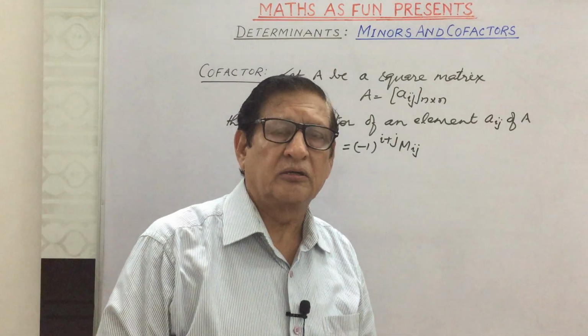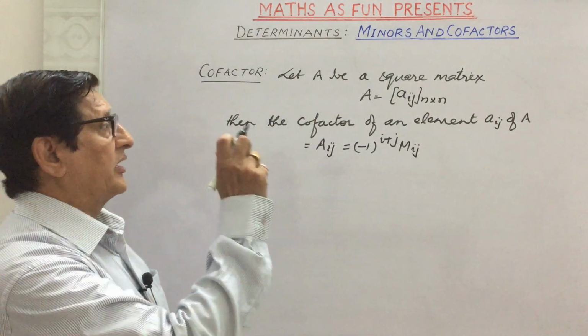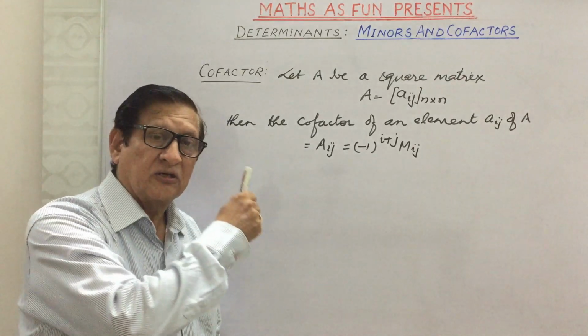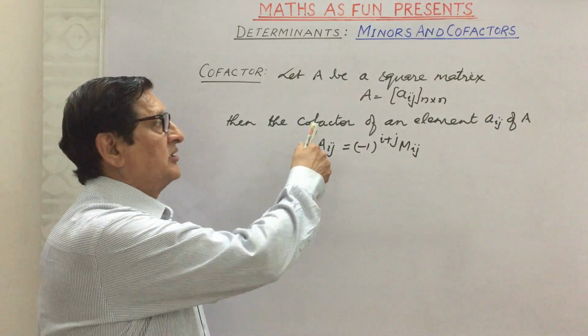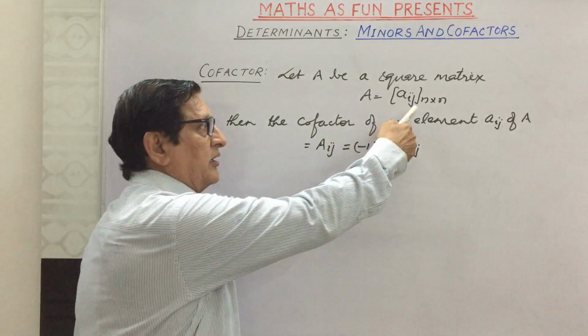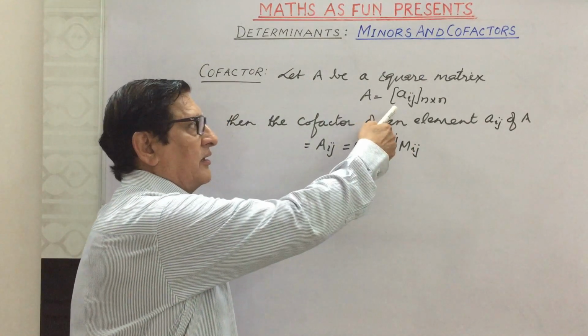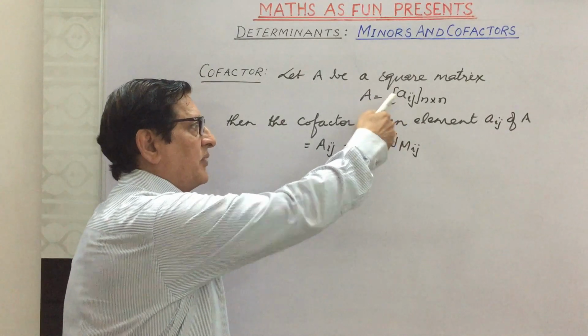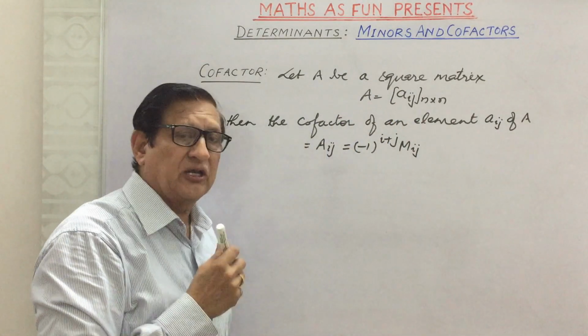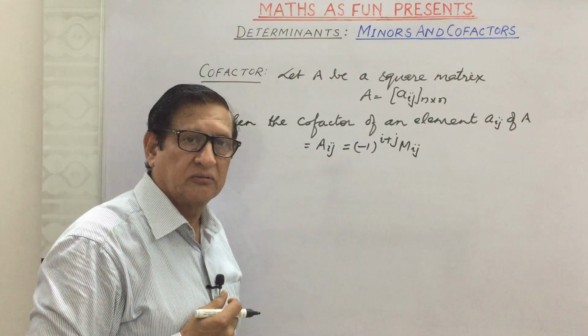Just like the minor, the cofactor of an element of a square matrix is also defined like this. Suppose we have a square matrix A of order n into n, and its elements are represented by Aij. Suppose we want to find the cofactor of any element Aij of it.